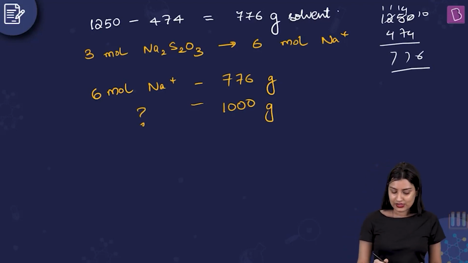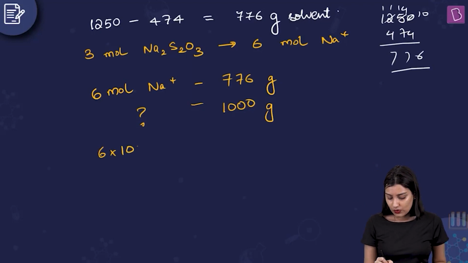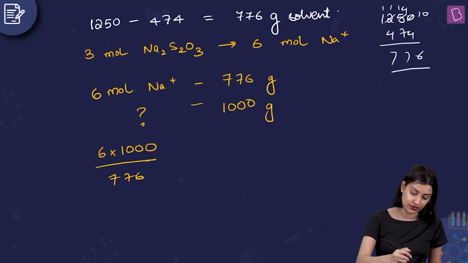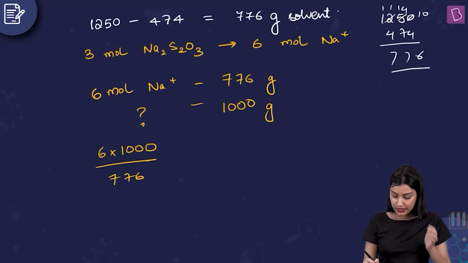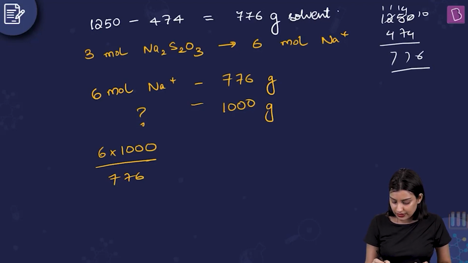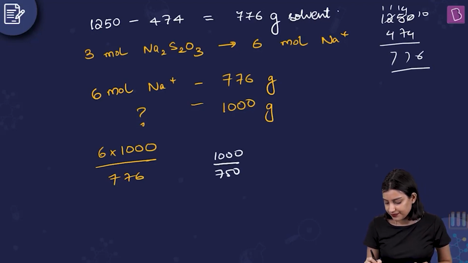Okay, let's solve. You have 6 into 1000 divided by 776. Now what can you do? You know that 1000 by 750 is 4 by 3. 750 plus 25, right?